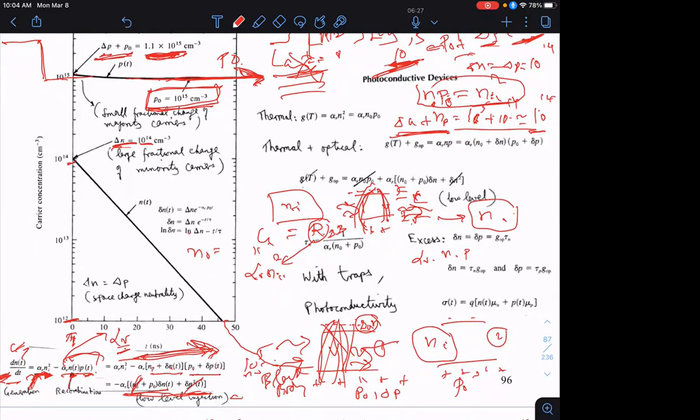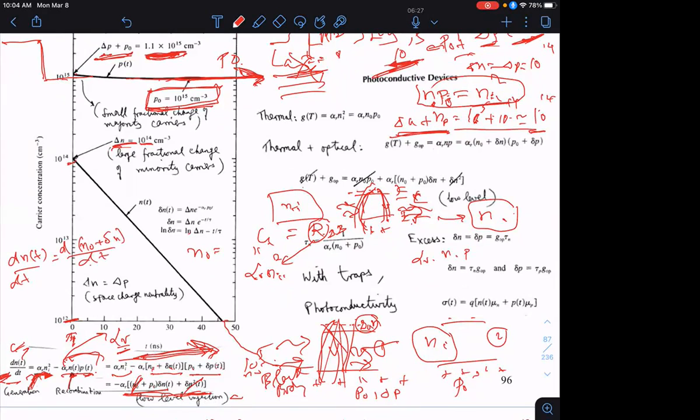The other term that you get is N naught times P naught. That's Ni squared. That'll cancel with this Ni squared term over here. So the net result is you'll get dn dt, which is equal to d of n naught plus delta n dt.